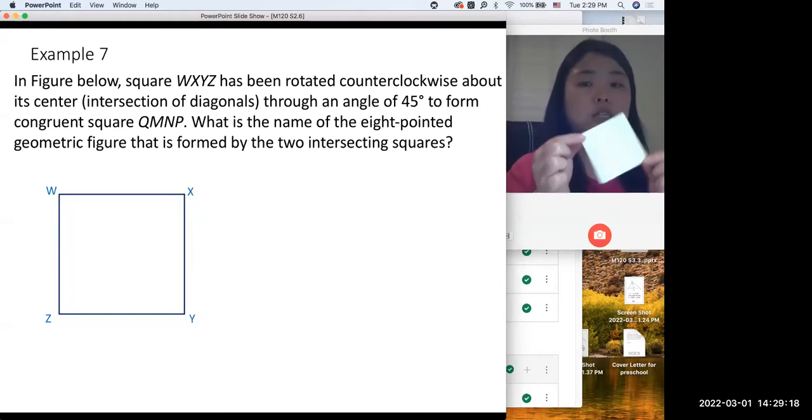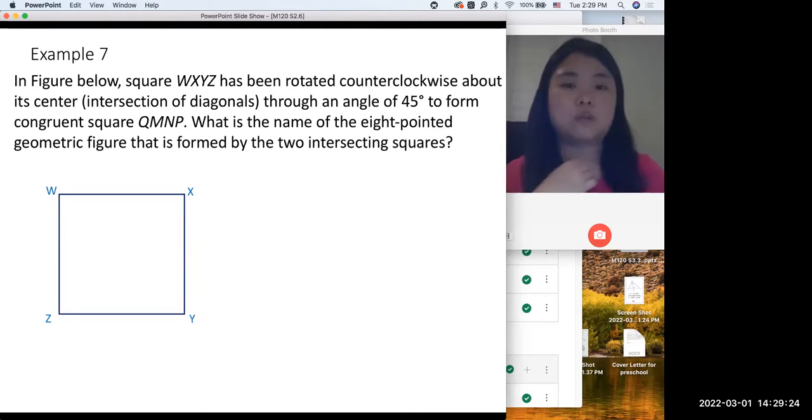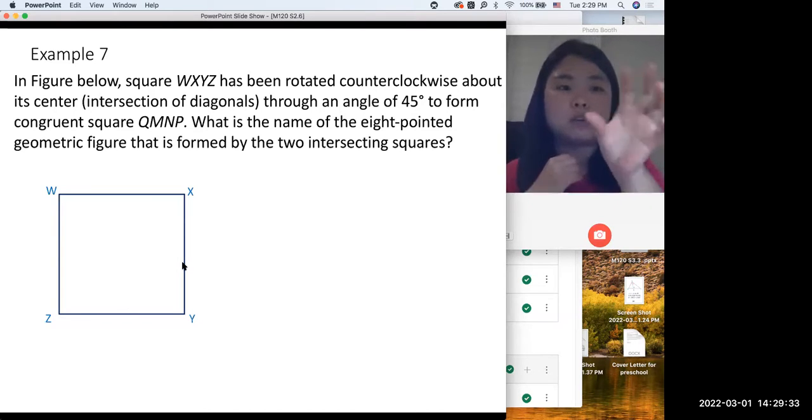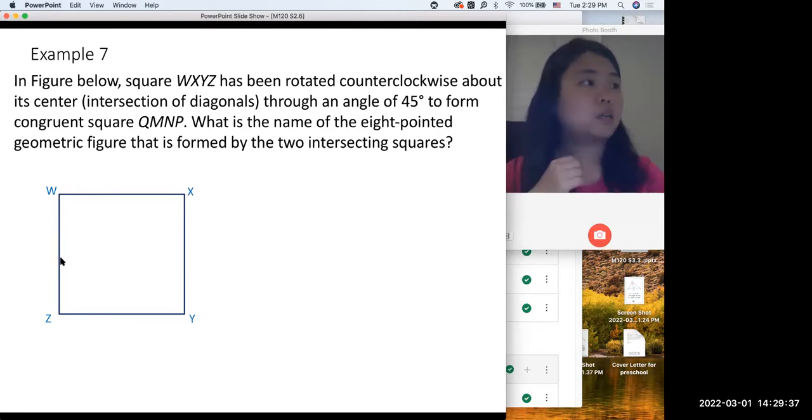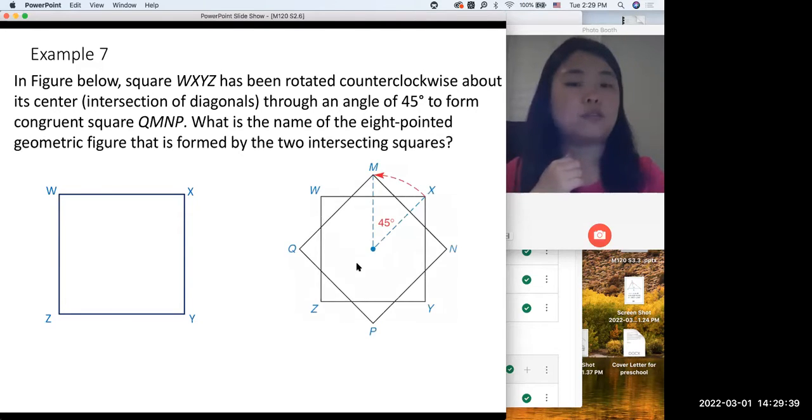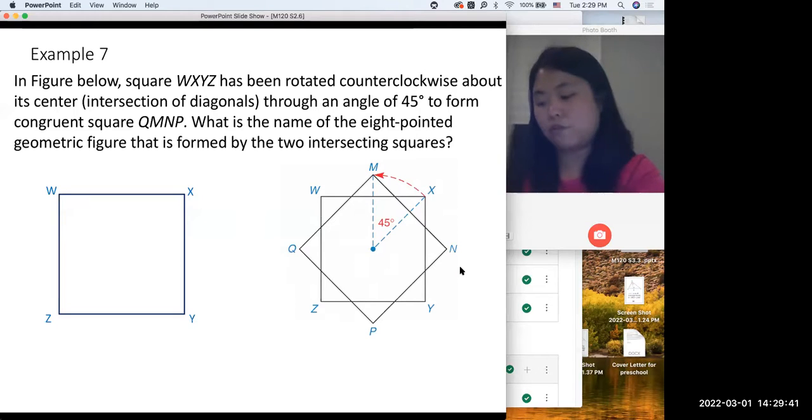Okay, try. Just grab it like this. Rotate 45 degrees. And then you're going to be drawing this square. And then move the WXYZ counterclockwise and going like this. Okay, so you should have the picture like that. 45 degrees.